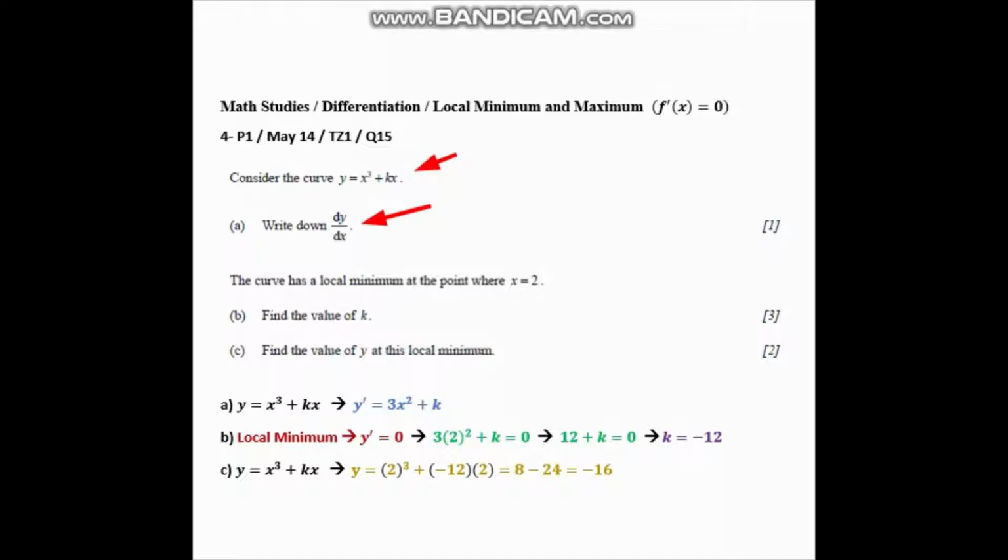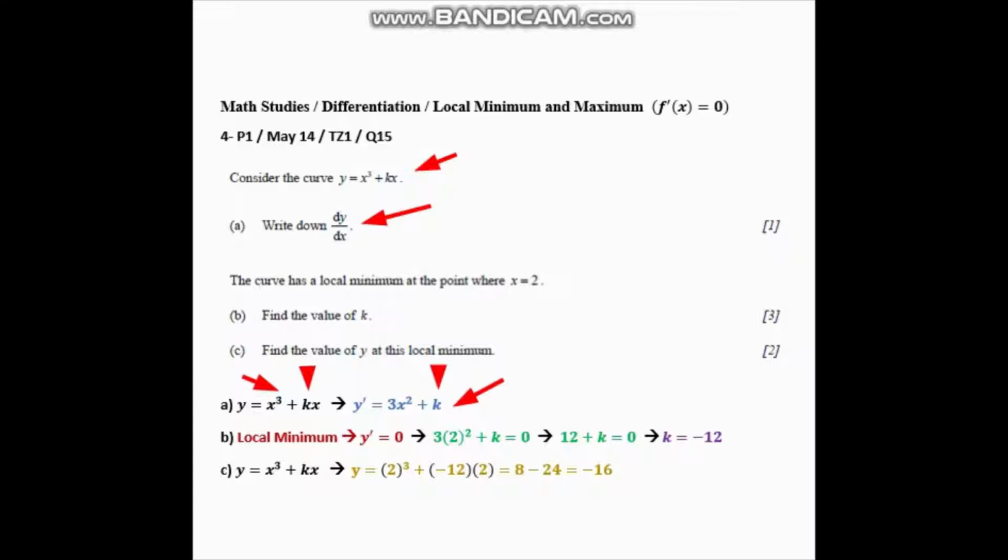So to differentiate x cubed plus kx, we simply get 3x squared plus k, where k is treated like any regular number. So assume this was 5x. The derivative of 5x is 5. Hence, the derivative of kx is also k, where k is a constant.